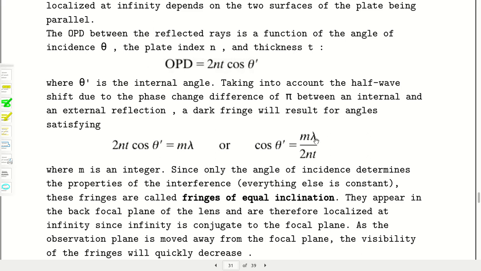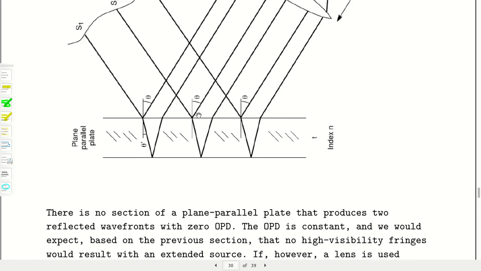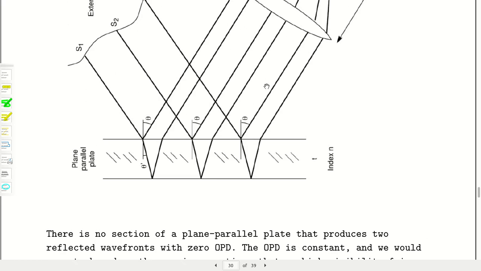Now for monochromatic light, lambda is constant, n the refractive index of the film is constant, and t the thickness of the parallel film is constant. So m and theta prime are related to each other. If you change m, then theta prime will change, and theta prime will obviously change the angle theta, that is, this set of rays will be changed.